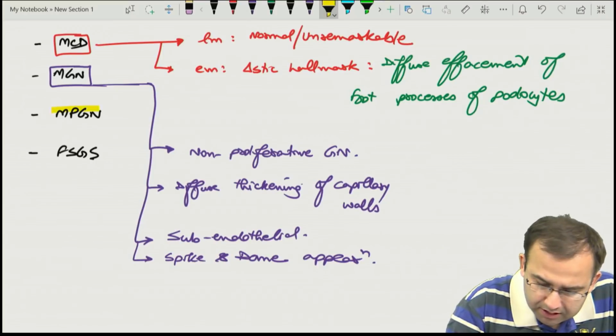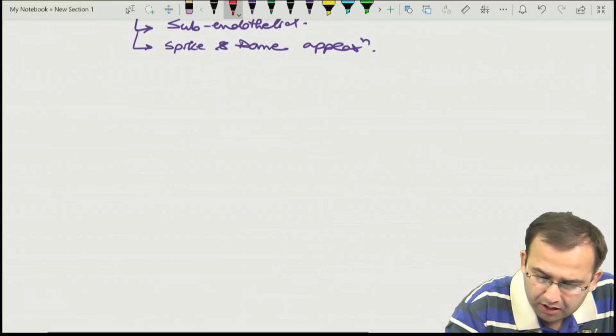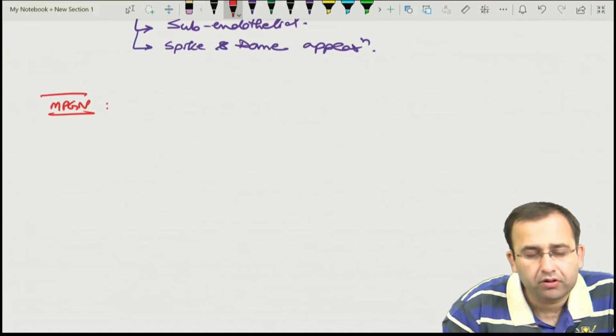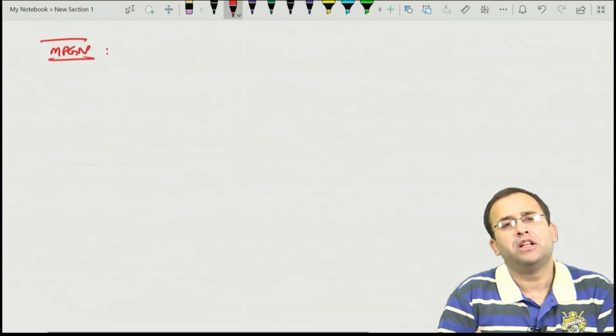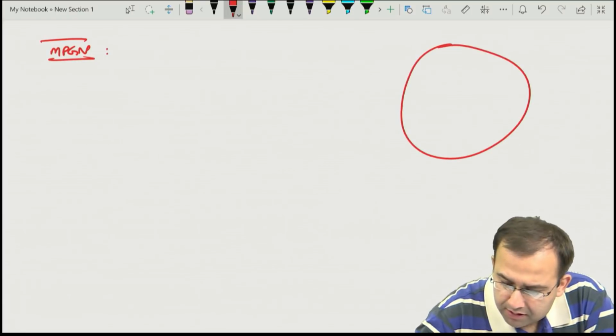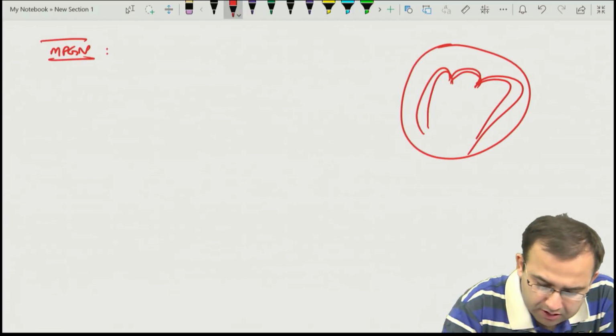Next is MPGN, membranoproliferative glomerulonephritis. The name tells you everything. Everything is proliferating in nature. So if this is the glomerulus, everything is proliferating in nature. That is first point.